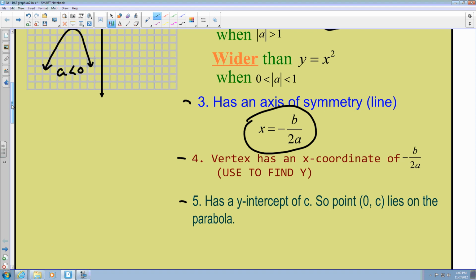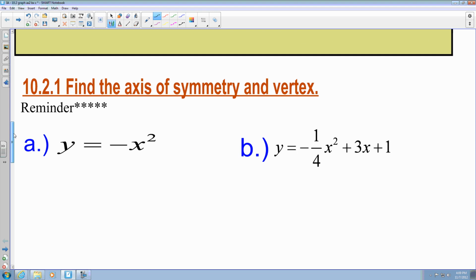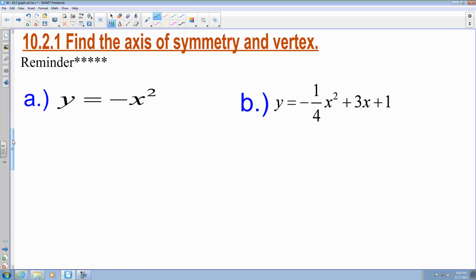For number 5, they're asking to find the y-intercept, which can be identified through c, and the coordinates for this point are 0, c, and that is where it lies on the parabola. So let me scroll down here and let's take a look at our first examples.